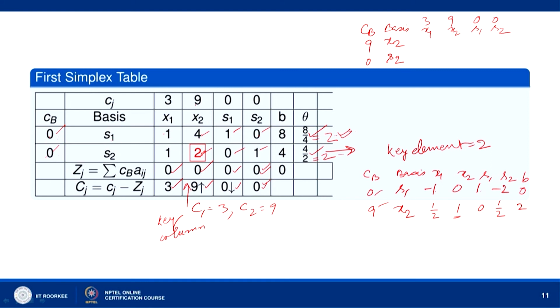After we have replaced s1 by x2, we divide this row by 4. So, we get 1 here, 1 by 4 here, then 0, and here 2.